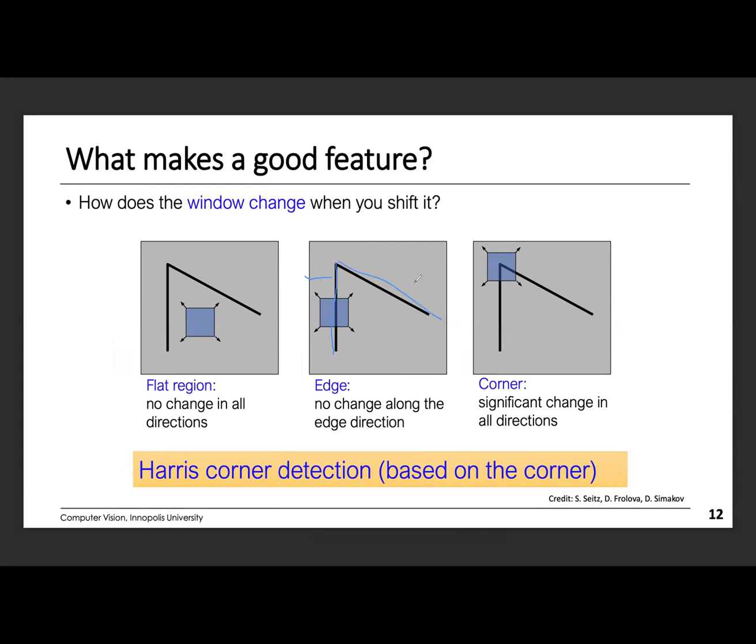So let's say that this one is a little bit like that, and this one is red. So when you move a little bit in this direction, you're going to see some changes happening here. The pixel values between this and that will be different. And here, when you do any movement in any direction, you are also going to see some changes happening to the pixel values.